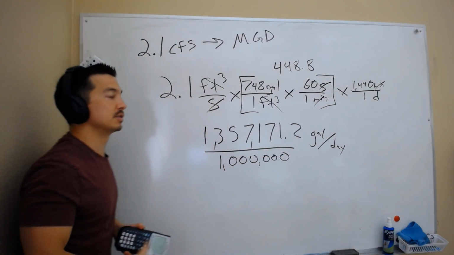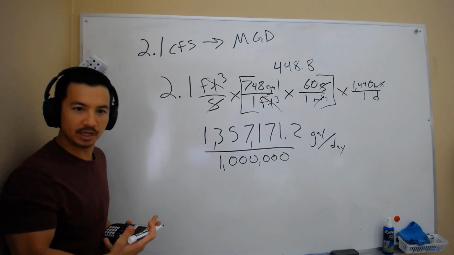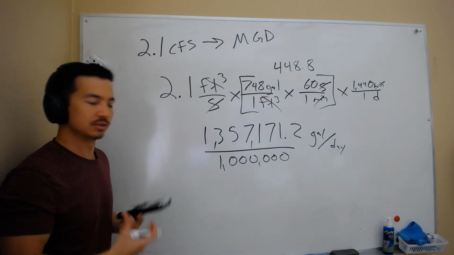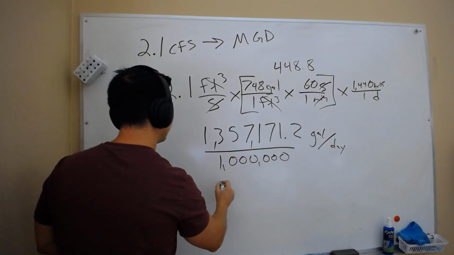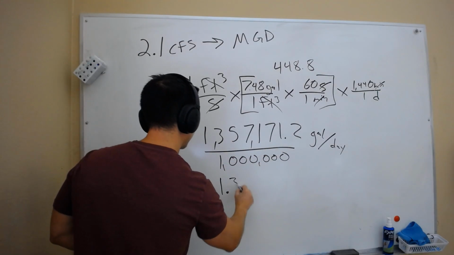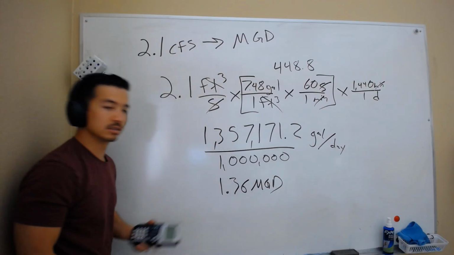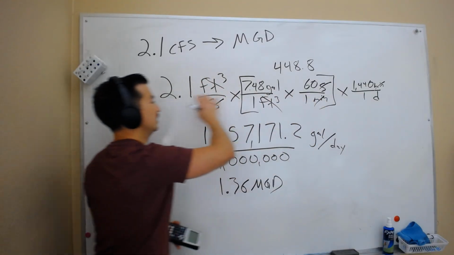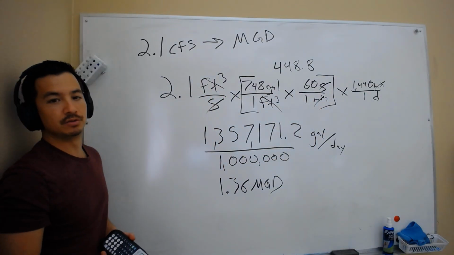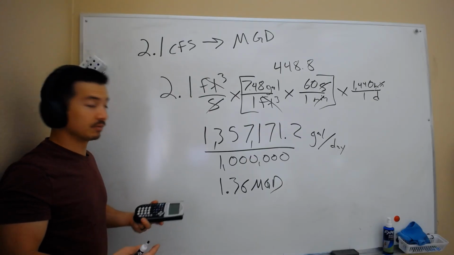Right? Remember, because there's 1 million gallons in 1 MG. A million gallons is really just a shorthand, less of a unit conversion. It's just a shorthand way of writing that. So divide by a million in your calculator, we're going to get 1.36 MGD, million gallons per day. Now remember, when it comes to this conversion here, there's 5, 6, 7 different ways to do this. As long as you're getting to that 1.36 MGD, you're on the right track.